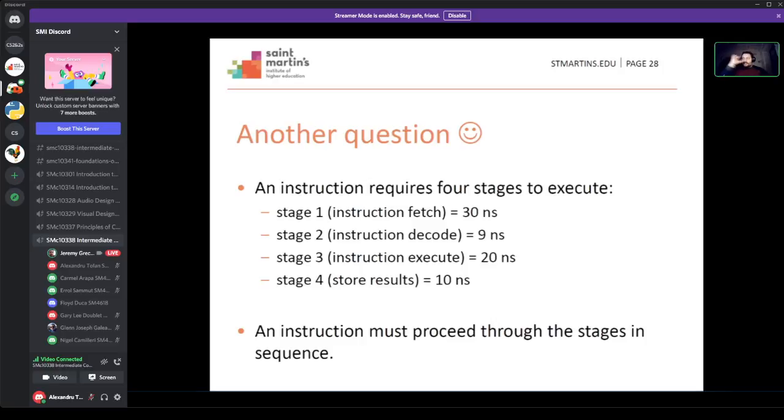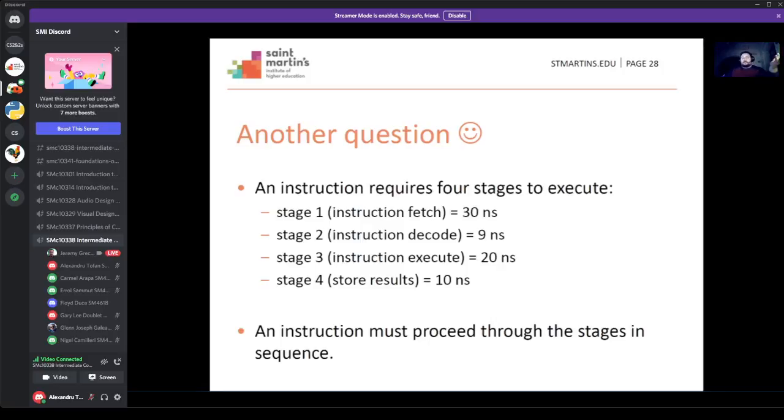So let's take another example. Let's say we have a CPU which has 4 stages within its pipeline. Stage 1 takes 30 nanoseconds, which is fetching the instruction. Stage 2 takes 9 nanoseconds, which is decoding the instruction. Stage 3 takes 20 nanoseconds, and stage 4 takes 10 nanoseconds.